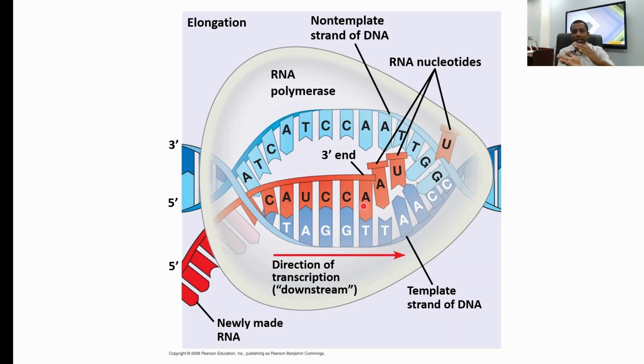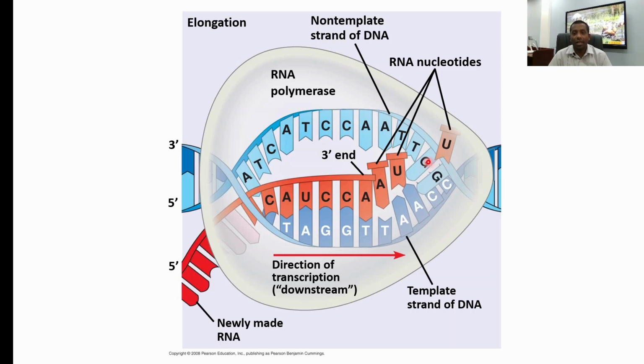The two strands are unwound or detached, and the 3' to 5' strand is used as the template DNA strand, and complementary RNA nucleotides are attached to the resulting RNA molecule.